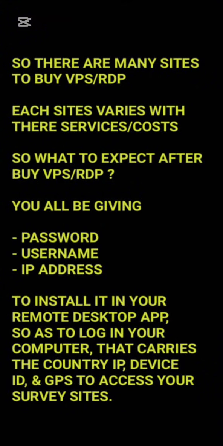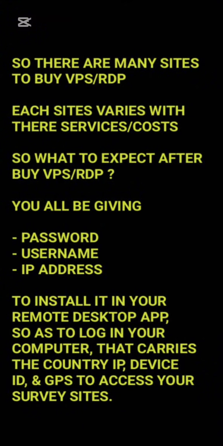If you want to log in to your computer normally, they will ask you for username and password, right? But in the case of VPS, they will ask you for username, password and IP address. Don't forget you are installing the username, IP address and the password into a remote desktop.